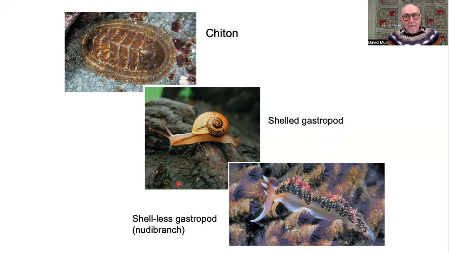The origin of the molluscan eye and the vertebrate eye are completely different, but their functioning is somewhat similar because the molluscan eye also has a retina, and it may also have a lens. It doesn't always, but it may, and it usually has an iris, which can open and shut in response to light. So very similar in structure to the vertebrate eye.